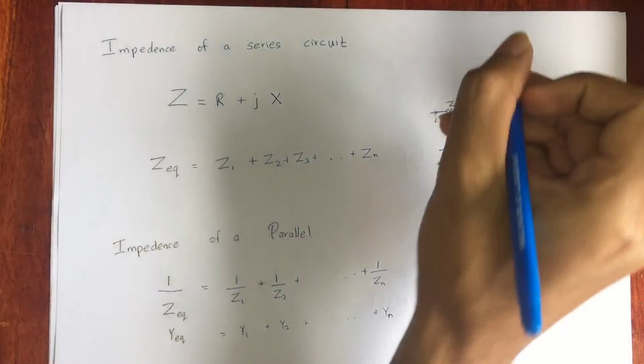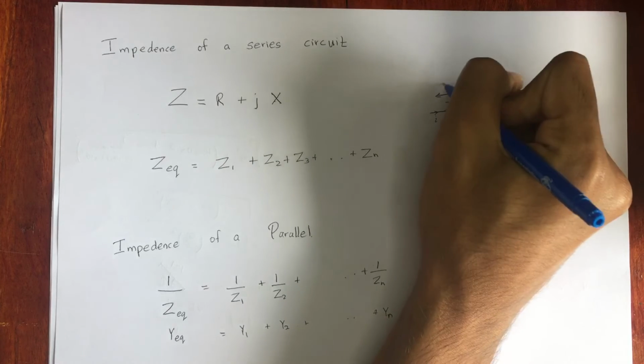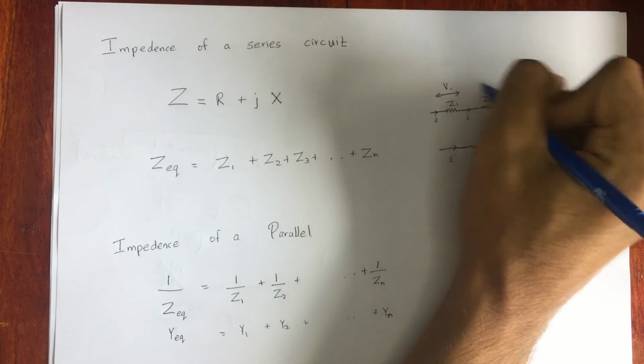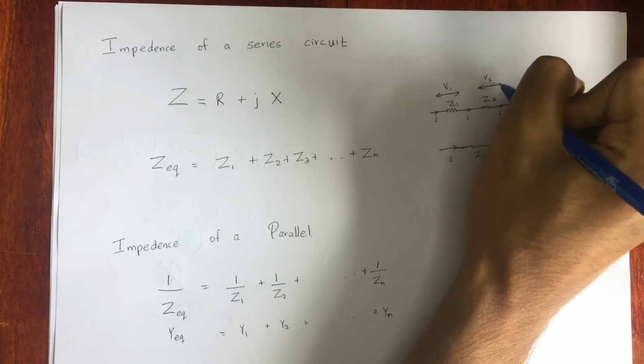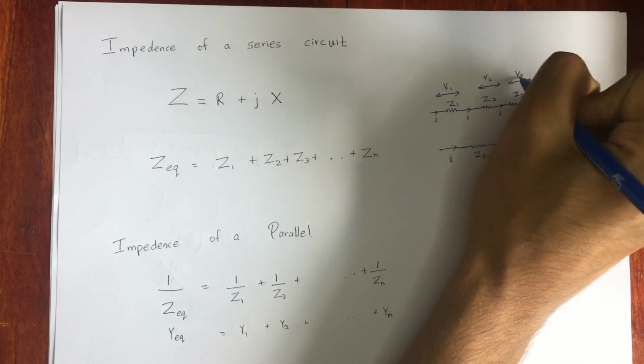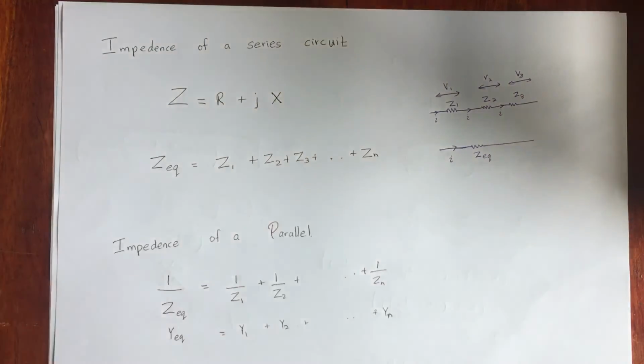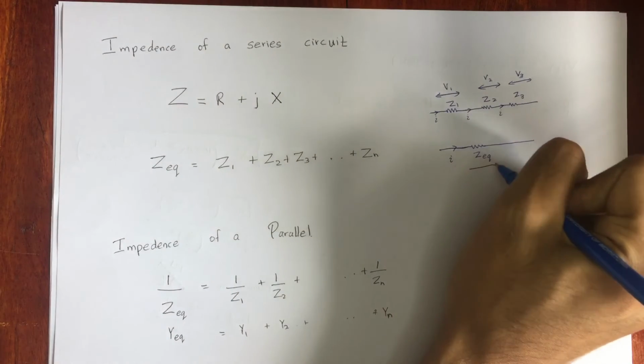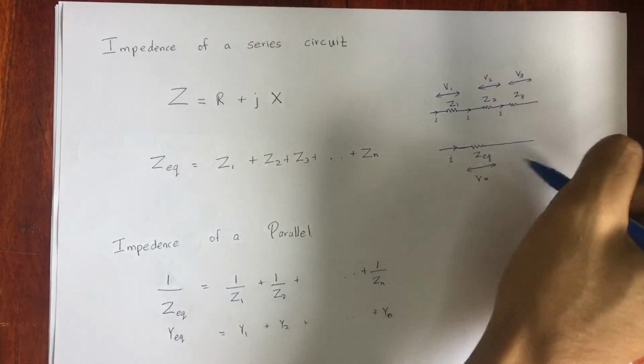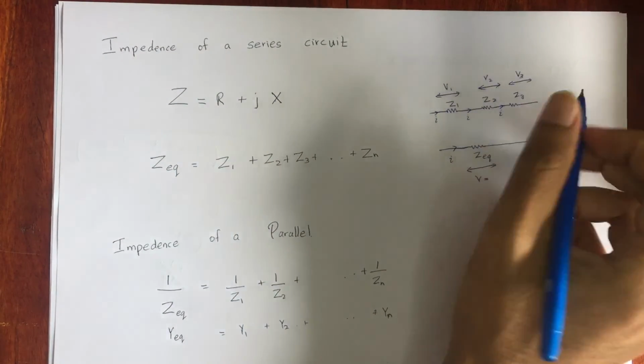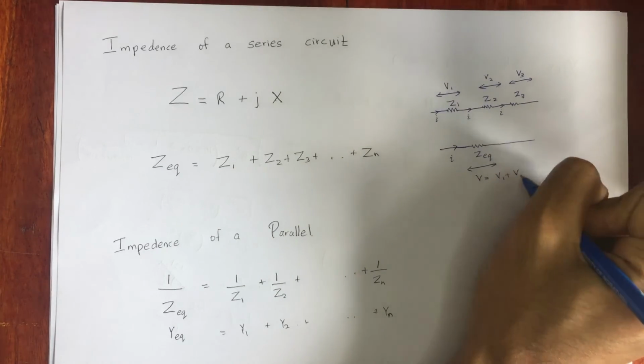Now let's consider the voltage differences, V1, V2 and V3. The total voltage difference equals the sum of these three voltage differences. That's the idea behind these equations.